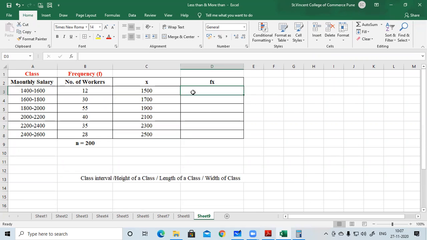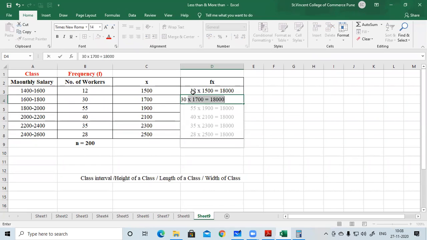Now, fx stands for f into x. So you have to do 12 multiplied by 1500. You'll get 18,000. Next is 30 multiplied by 1700, which is equal to 51,000.